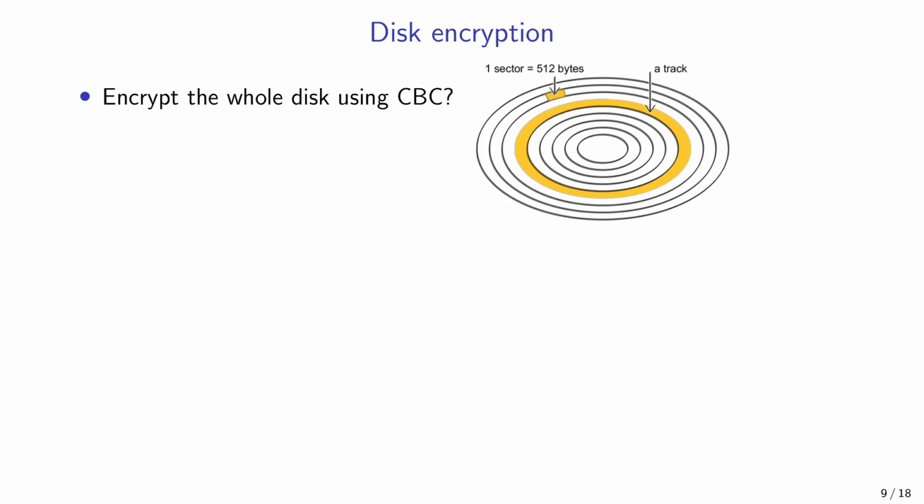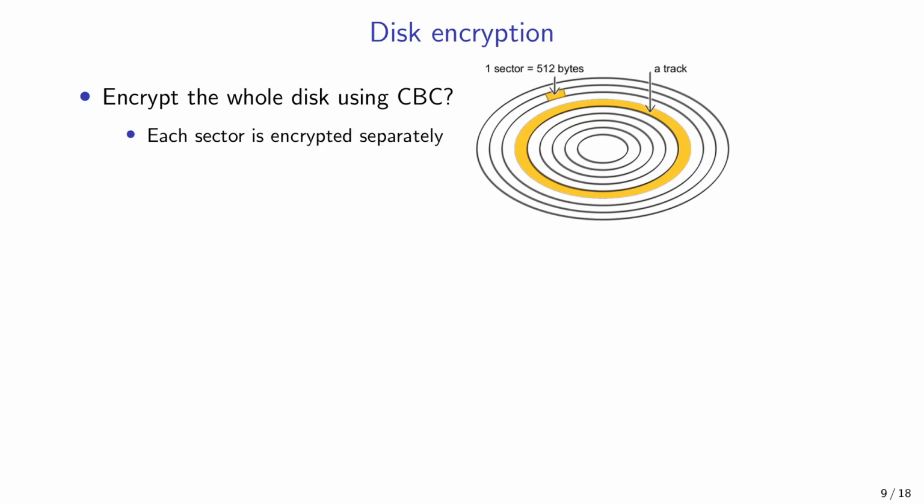So if we need to decrypt one sector, we would need to physically read two sectors, which is not good. A much bigger problem is that if we wanted to change a single block in the middle of the disk, we would need to re-encrypt the remaining blocks, because encryption of the current block depends on the encryption of all the previous blocks. Not good at all.